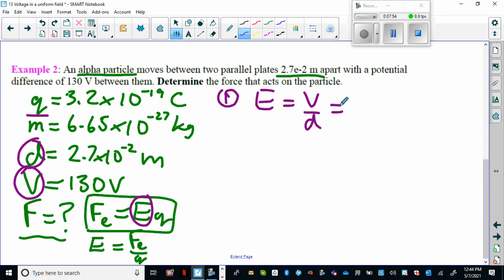That is going to give us 130 divided by 2.7 E negative 2, and that gives us an electric field strength of 4,815 newtons per coulomb.